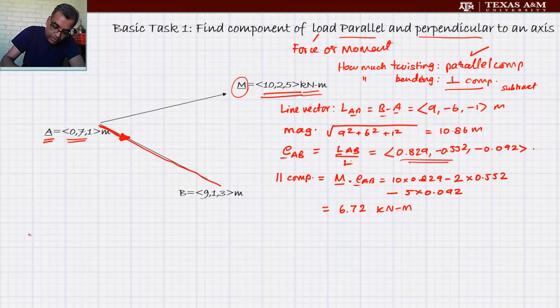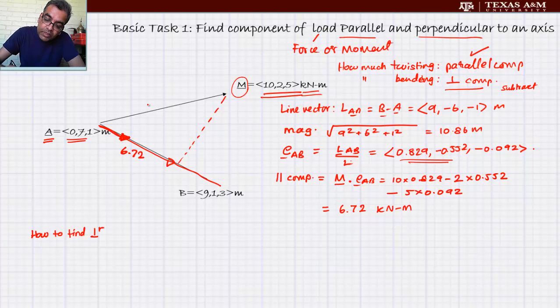Now I want to find the perpendicular component. The idea is to notice that this vector is the parallel component, its length is 6.72. I know this length, which is the square root of 10 squared plus 2 squared plus 5 squared.